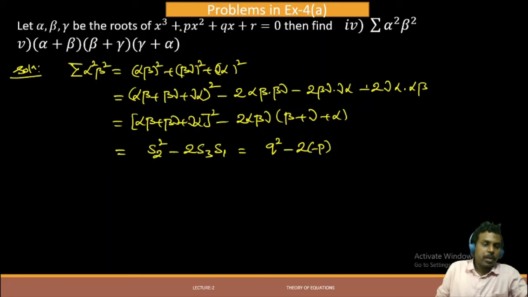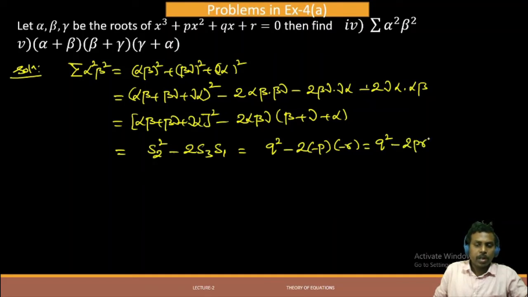Product of the three roots, minus plus minus, it will be minus. So this becomes q square, minus of minus plus, plus into minus is minus, so it is 2pr. So this value is going to be q square minus 2 into rp.